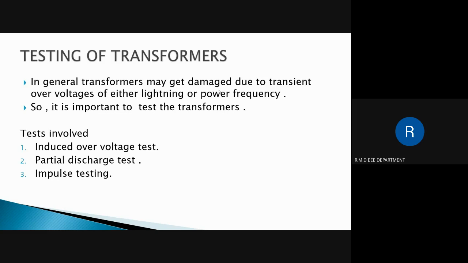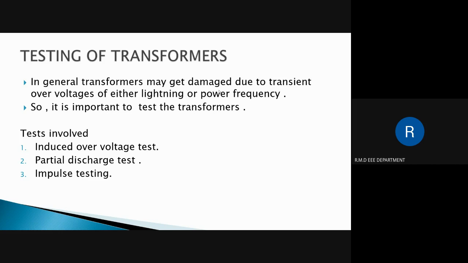Transformers may get damaged due to transient over voltages, either of lightning or power frequency. So over voltage test is important in the testing of transformers. The different types of tests are induced over voltage test, partial discharge test and impulse testing.